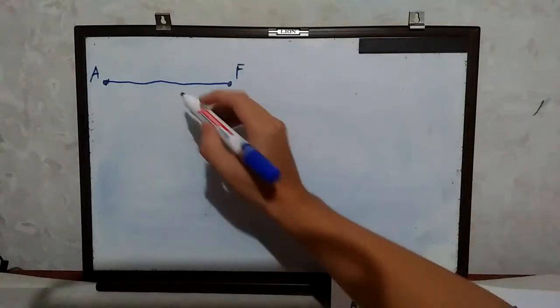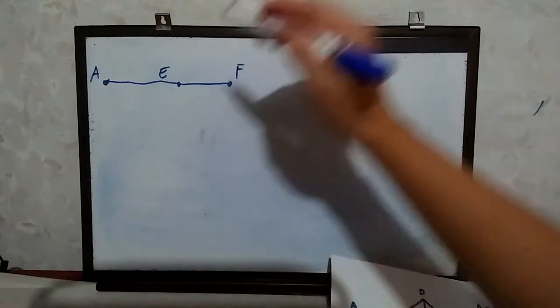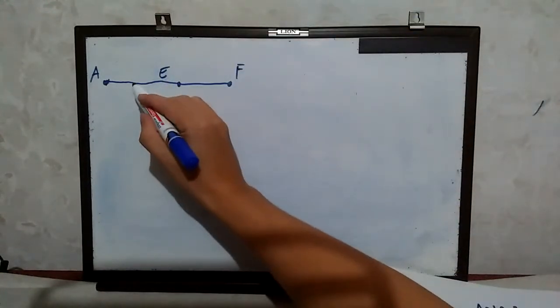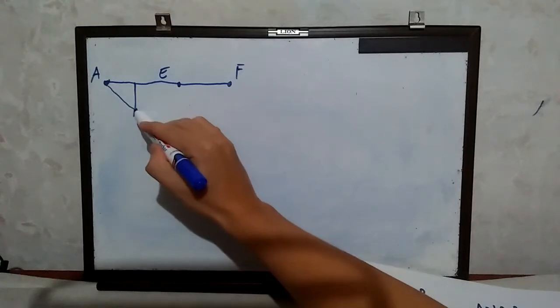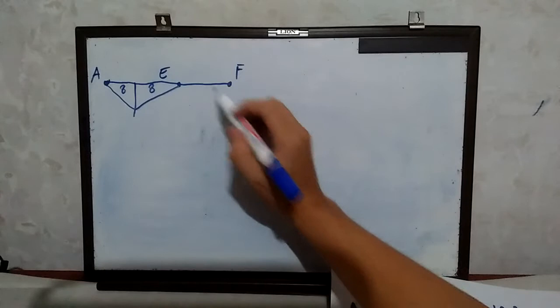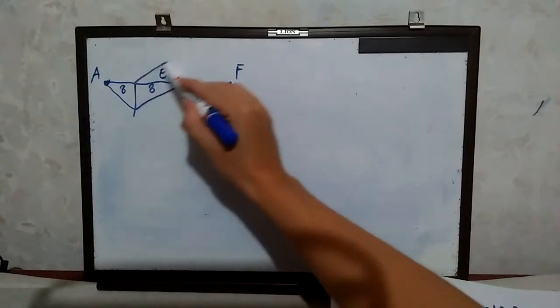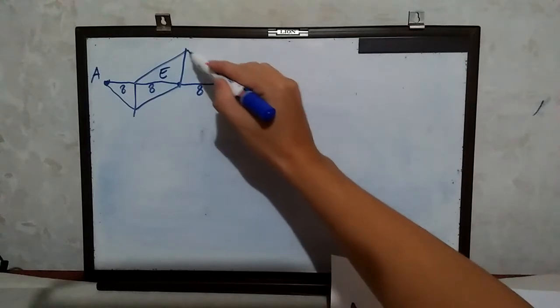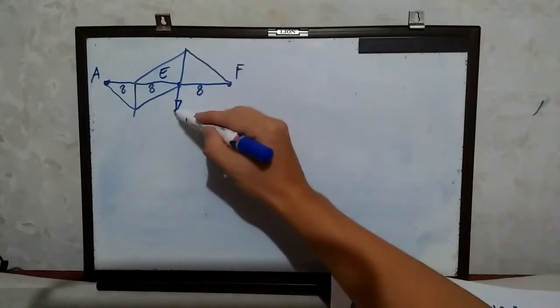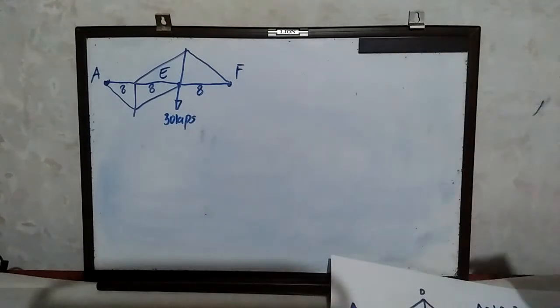So we have here, this is point E at this section, and then we have this member. This is 8 feet, this is 8 feet, and this is also 8 feet, and we have here another member going like that, and then like this, and this one is 30 kips or 30,000 pounds.